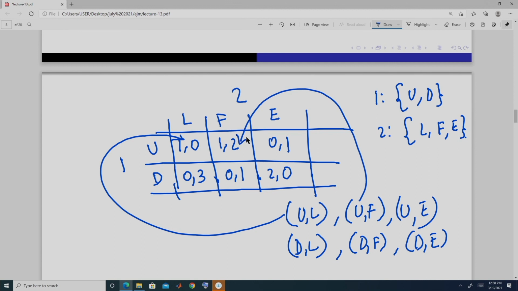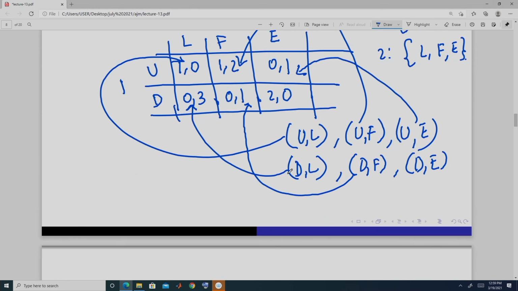This is for player 1 who has chosen action U, and this is for player 2 who has chosen F. For this, player 1 has chosen U and player 2 has chosen E. This outcome is 0 for player 1 and 3 for player 2. Player 1 has chosen D, so it has got 0. When player 2 has chosen L, it has got 3. This combination gives you this payoff.